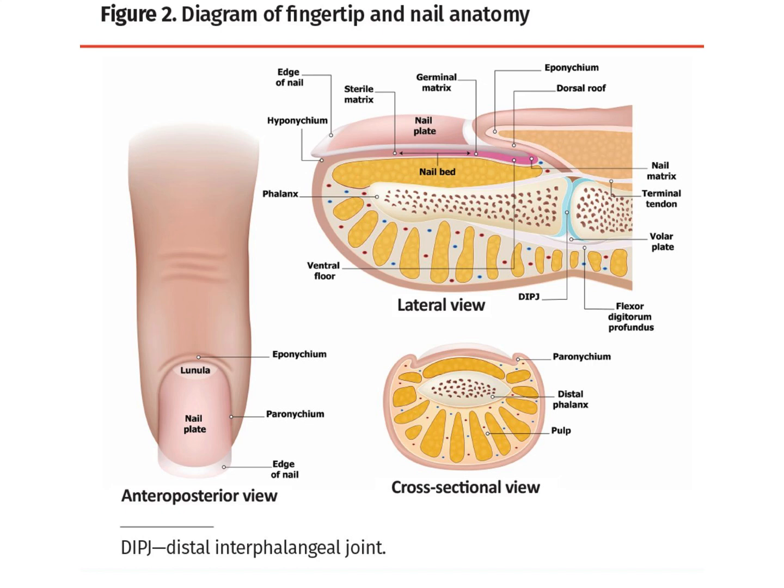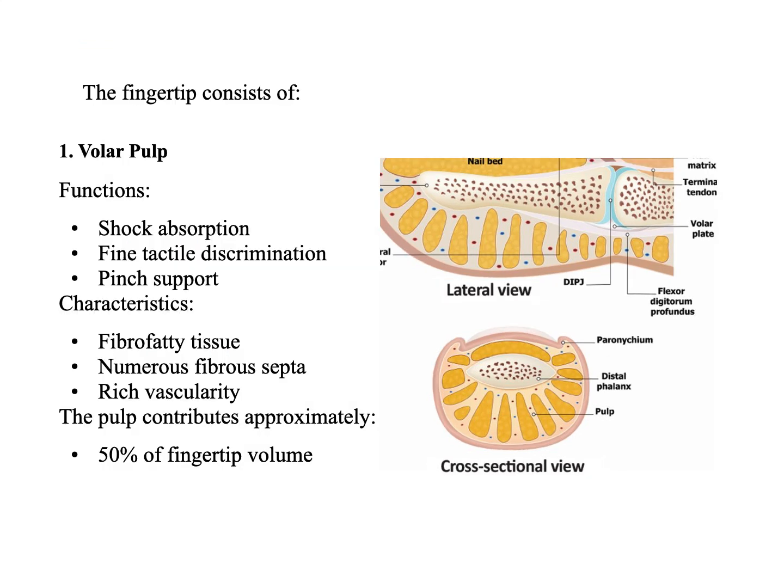This is a diagram for the fingertip. As we talked earlier, it's the nail plate. From the dorsum, it's the eponychium, nail plate, hyponychium, the nail bed, the phalanx, phalangeal bone, the bulb. What is the importance of the volar pulp?